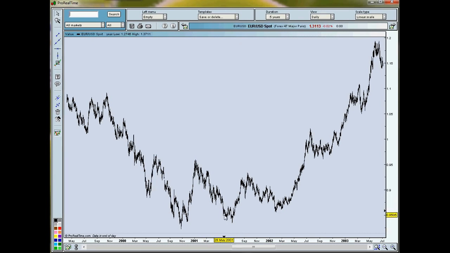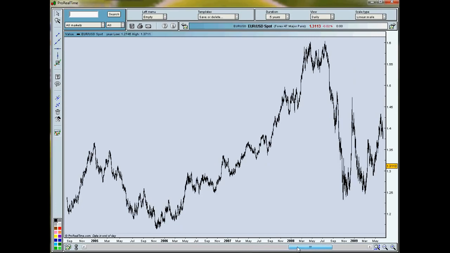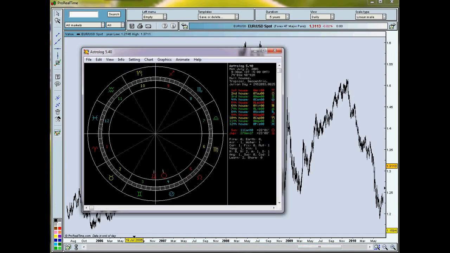So now that we know that the sun did very well as being a trigger for the Jupiter opposition, we can go ahead and move the price chart up here to the big high that happened in 2008, and then advance astrolog up to that point.